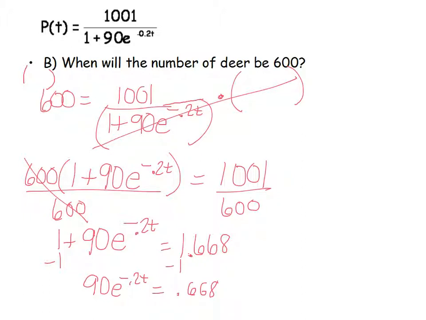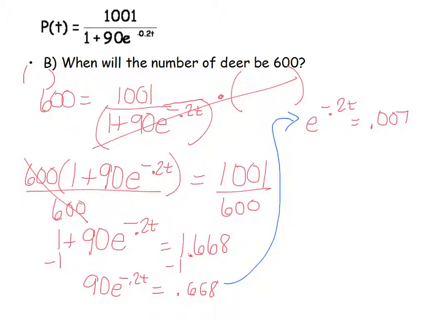And then I'm going to divide by 90, so just do divide by 90. And I'm going to have e to the negative 0.2 t equals 0.007.